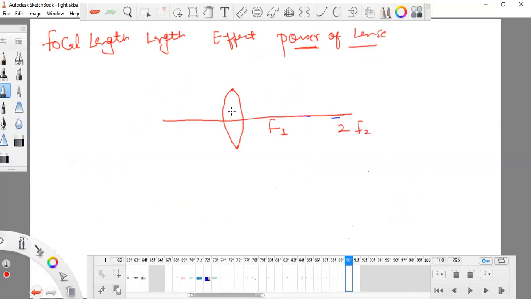So what is the limit? The lesser the focal length. What is focal length and what is principal focus?